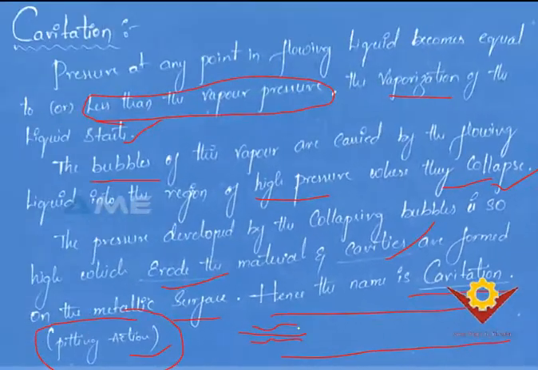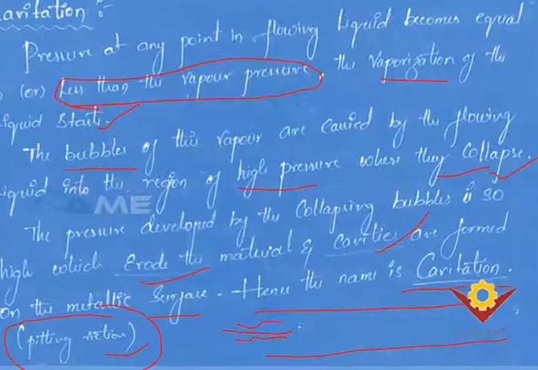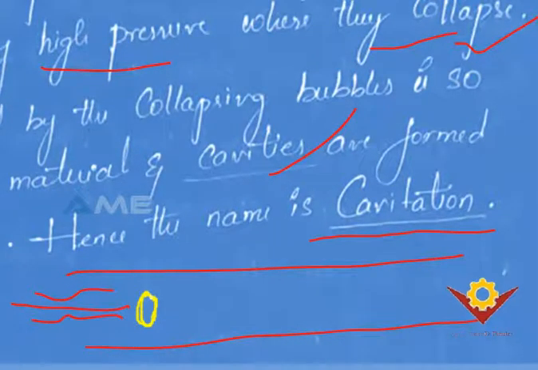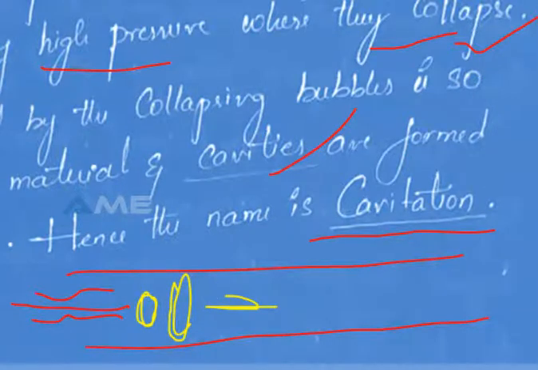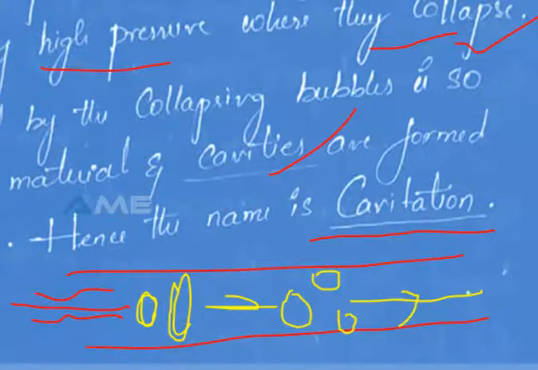See here, in a tube, a fluid flow is taking place, and if the pressure at any point in the flowing liquid becomes equal to or less than the vapor pressure, then vaporization takes place and bubbles form. These bubbles flow to a region of high pressure, and at that place they collapse.